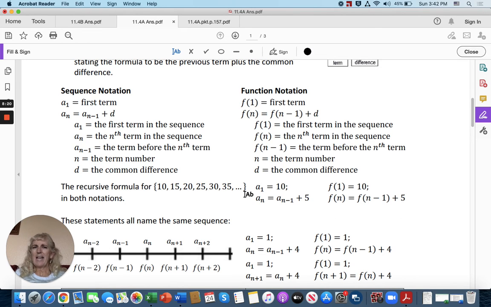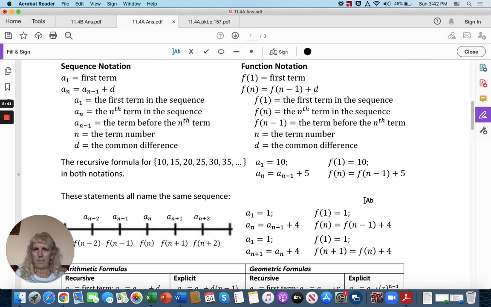So to find a sub n, or f of n, it equals the previous term, and this is how we list it in this notation: a sub n minus 1 plus 5, or in function notation, f of n minus 1, in parentheses, plus 5. So that's how that would work, okay?